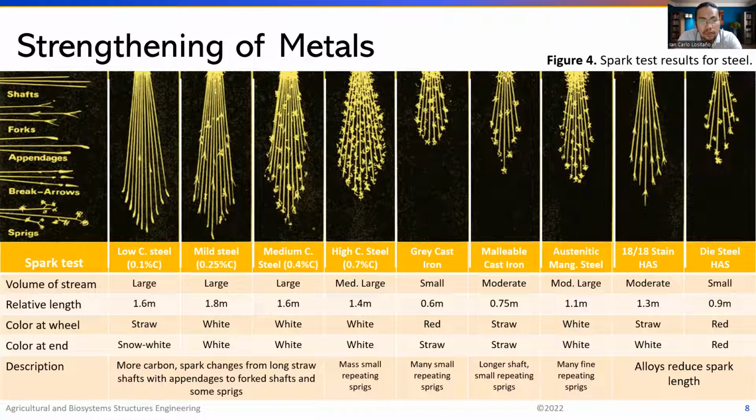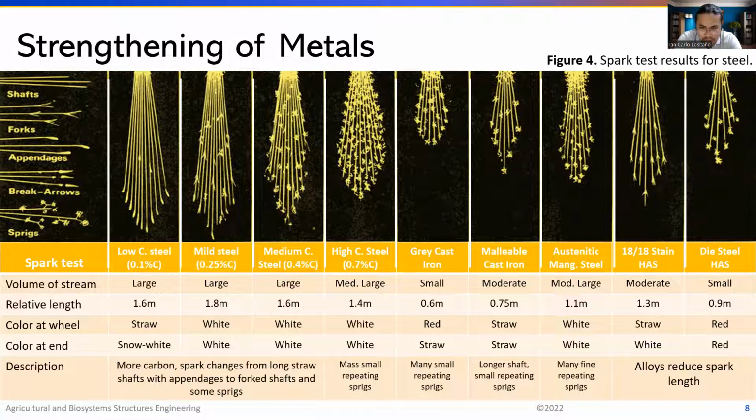For the individual sparks of the different types of steel, at the most left you have die steel, HES, high alloy steel. You have the volume of stream and the relative length, color at wheel and color at end, and the description.